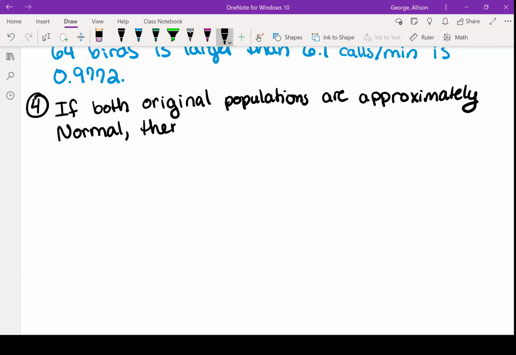And part of that comes from the fact that all of this is arbitrary. Like the central limit theorem, somebody picked 30. It's not like it's a mathematical law. Same with the 10% condition. Somebody picked 10%. It's not like it's a law. So this is what we use, but it's not hard and fast, so you can work around it a little bit.